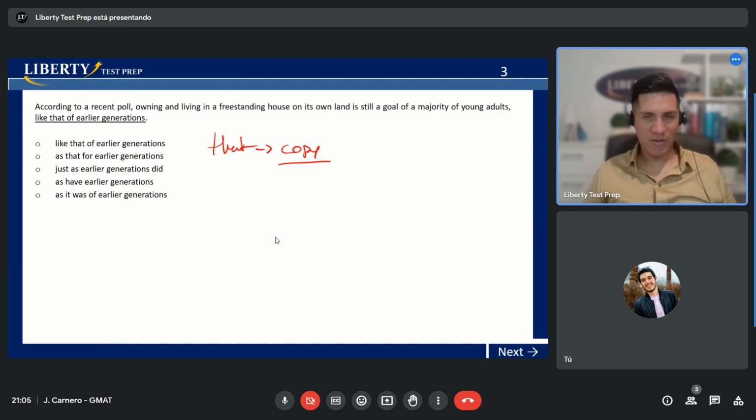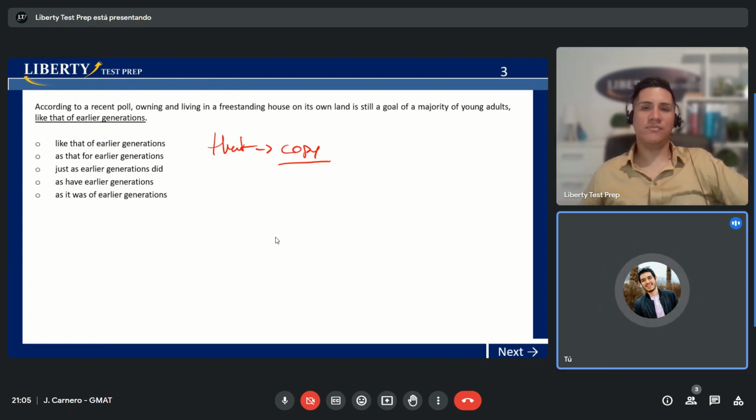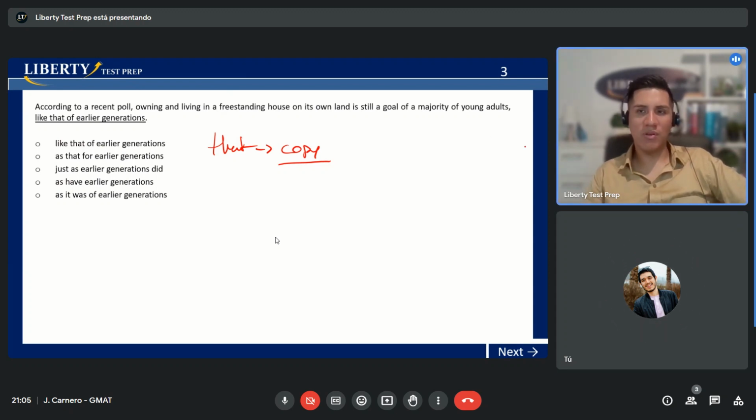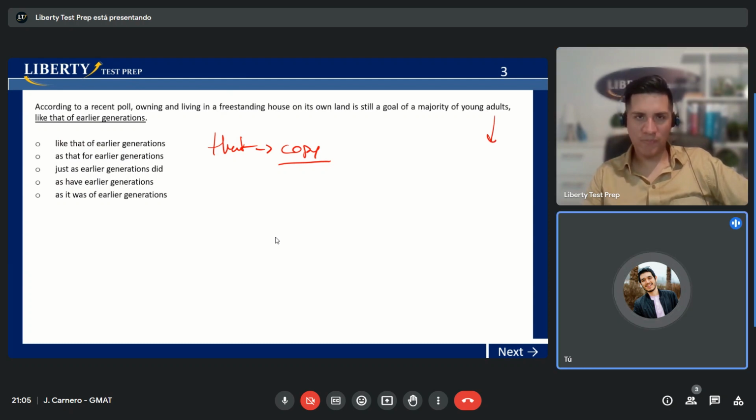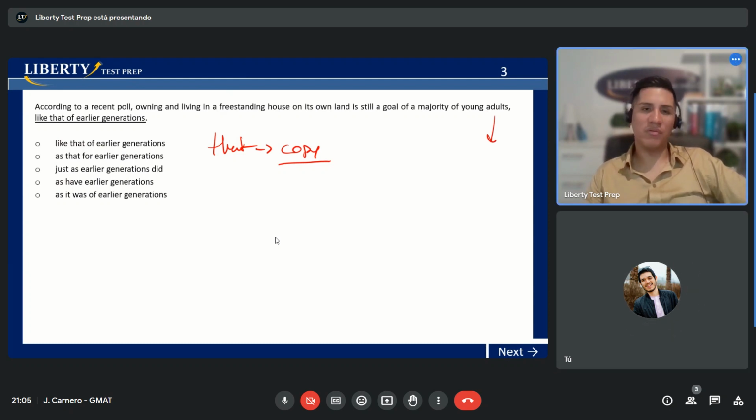Adults could be that? It can't be those. Number one, because adults are people. That is never people. Number two, because adults is a plural. That is not a plural. Number three, because if you put adults here, it wouldn't make sense. Okay. And then the personal house.